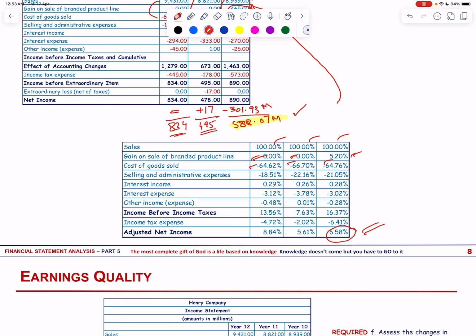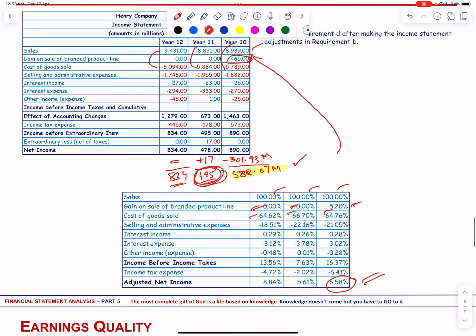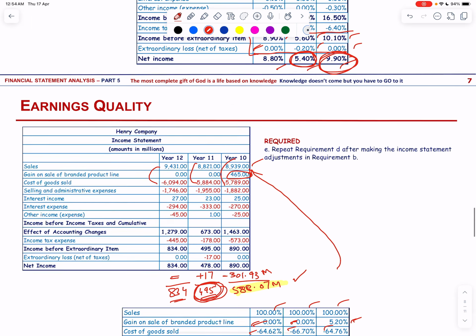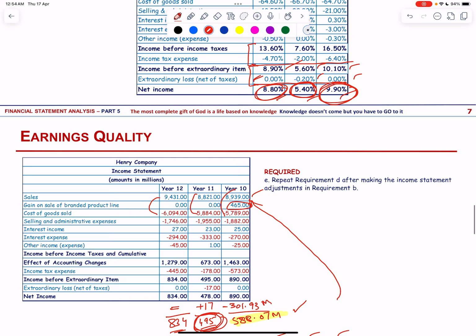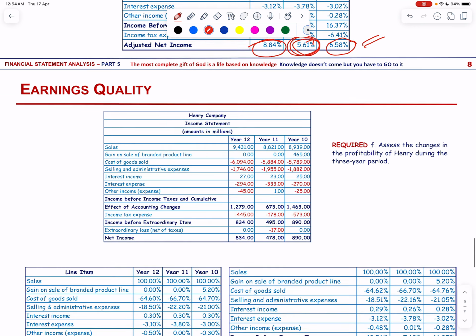Now in year number 11, the net income has increased by 17 million. It is 495 million, and that's why the net income has increased from 5.4 to 5.61. For year number 12, obviously it is 8.8 and it is 8.8 again, because there is no change in the net income. It is the same as we have seen. Okay.